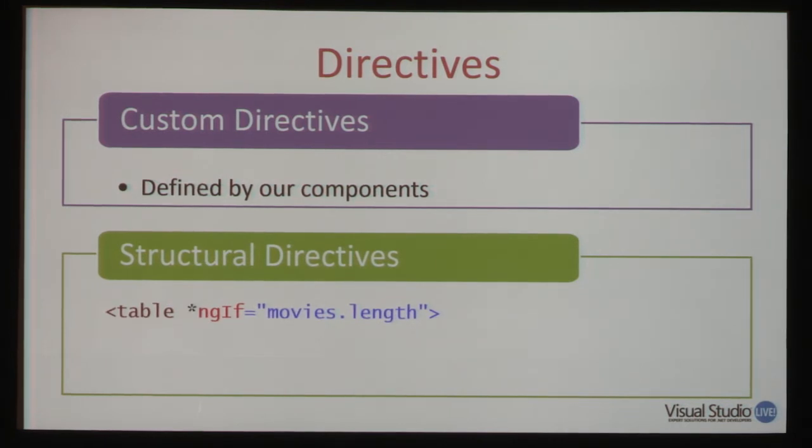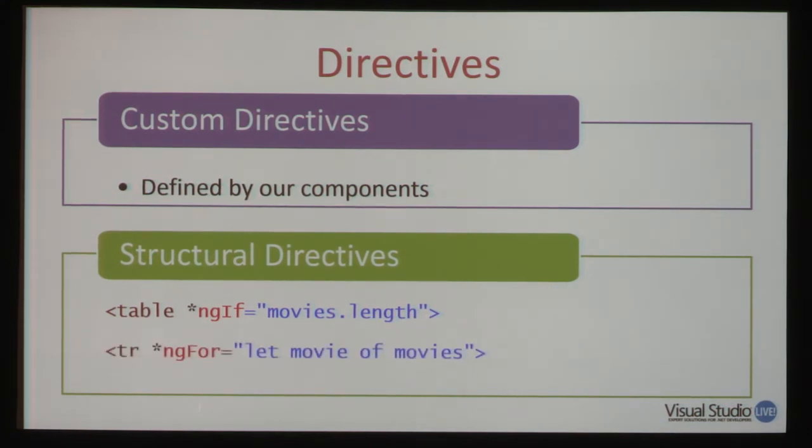The first one is ngIf. All of the structural directives are identified with an asterisk in front of it, and that is so that the tooling can recognize it as a structural directive. The ngIf is saying to the DOM, include this table element and all of its children if that expression is true. If that expression is not true, then completely remove that DOM element and all of its children from the DOM. So if you actually look at your document object model, it will not be there.